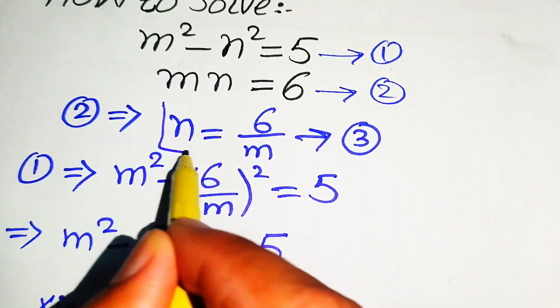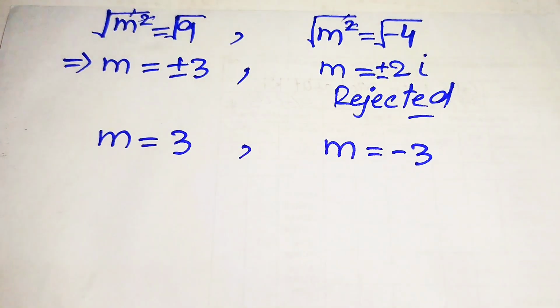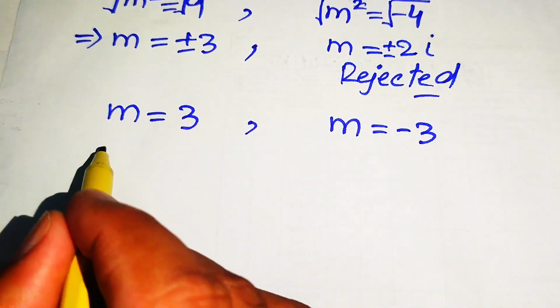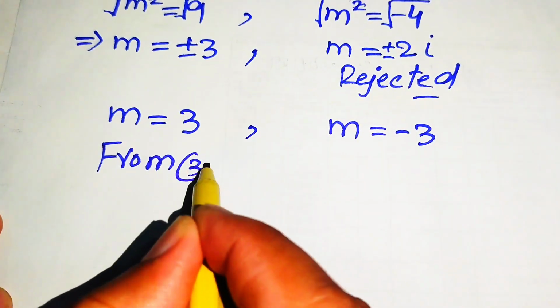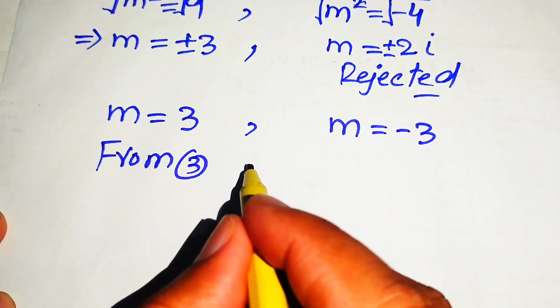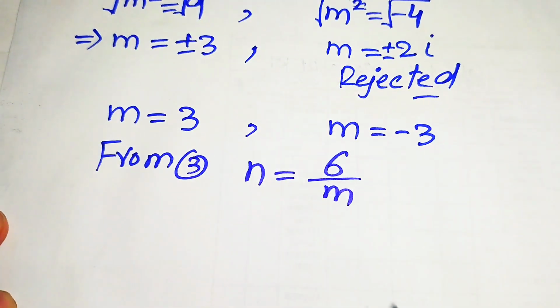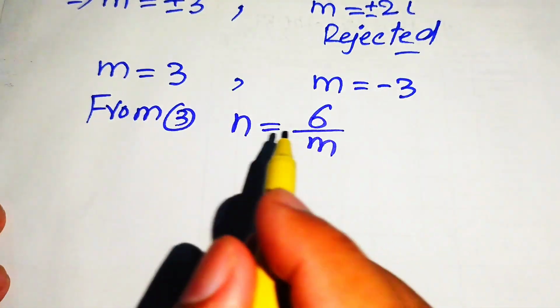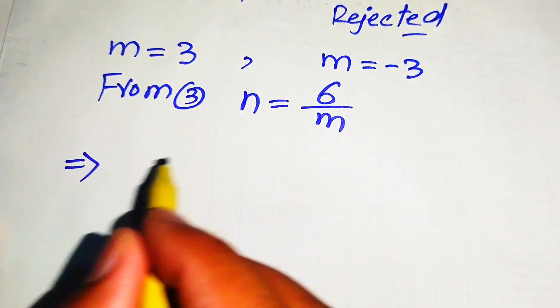This is equation number 3, so we copy down this equation: n equals 6 over m. Now we substitute both of the above values of m in this equation and we easily get the values of n.